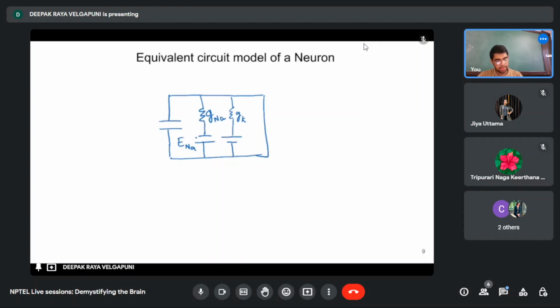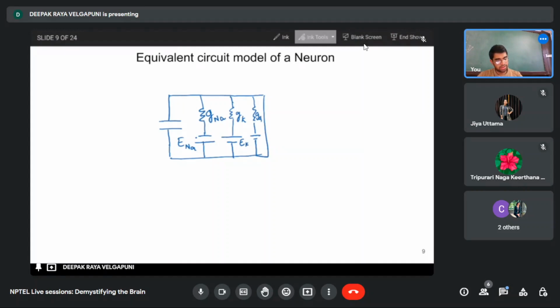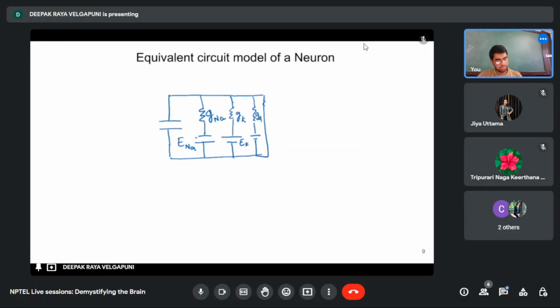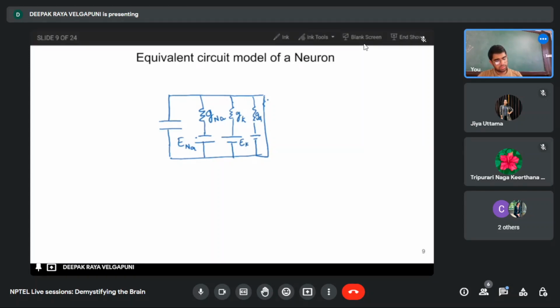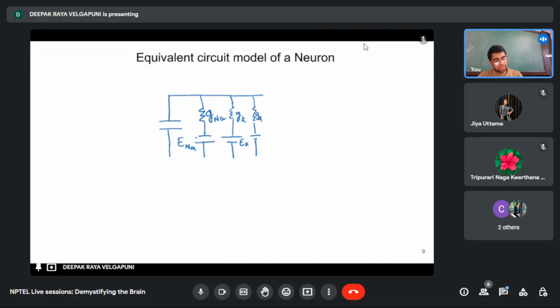So it is EK, and there is some chloride also. Now we have a circuit like this. This is nothing but the equivalent circuit of a neuron.